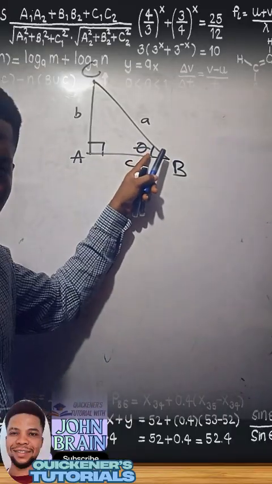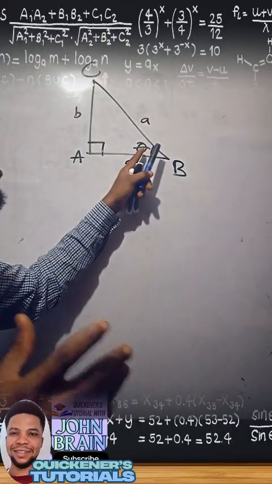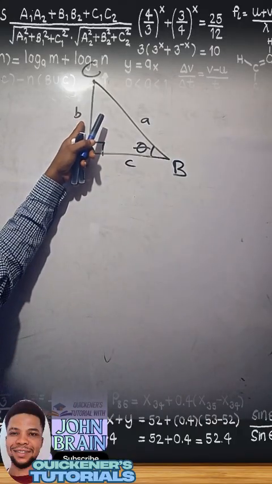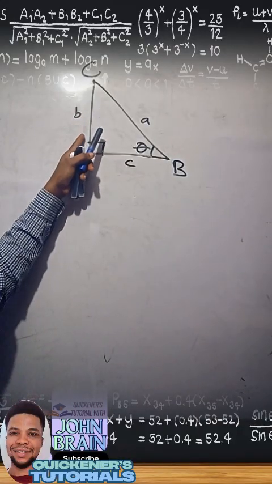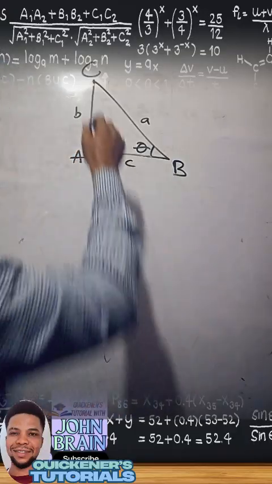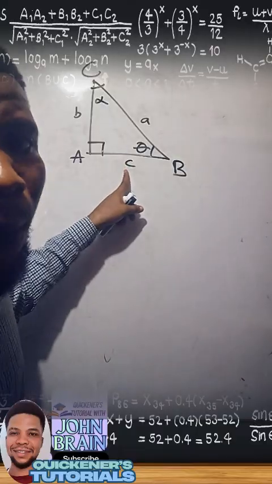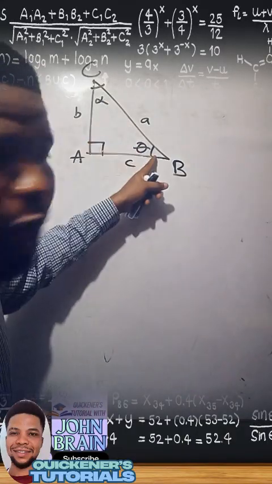If this is my angle that I'm given, this is theta, then this side opposite to theta is my opposite side. Now if this is my alpha, then this side opposite to alpha is my opposite to alpha, not opposite to theta.